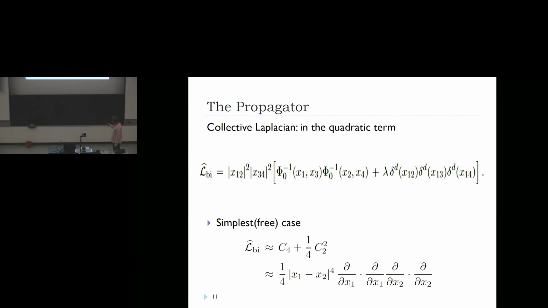Obviously, the quadratic term comes from a Laplacian. This was this background, which is shifted. And I'll be often considering just the simplest free scalar theory, lambda equals 0. For example, if you work that out, you will see a fourth order in derivative Laplacian, which is associated with this bilocal theory.